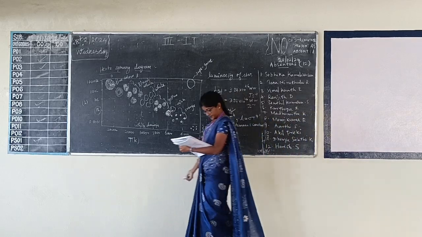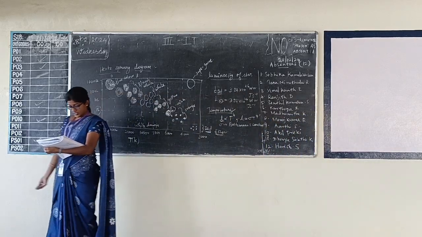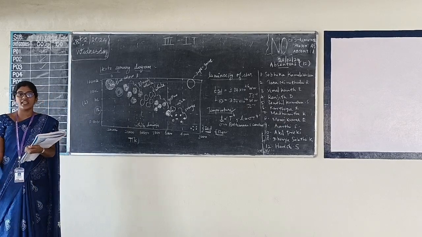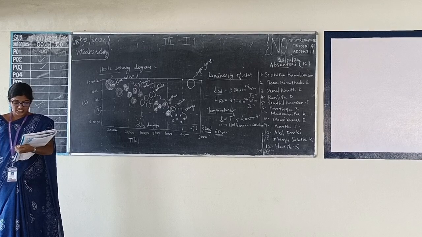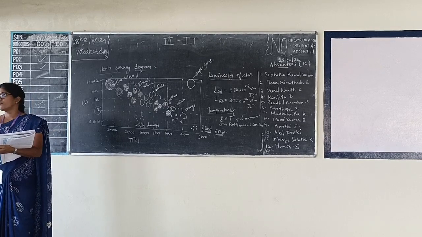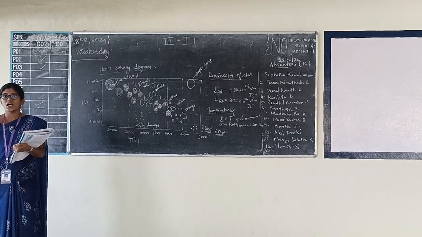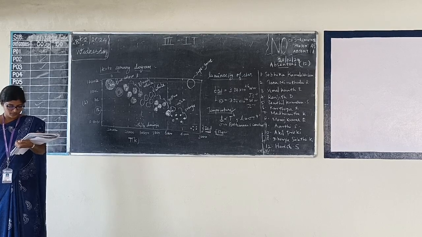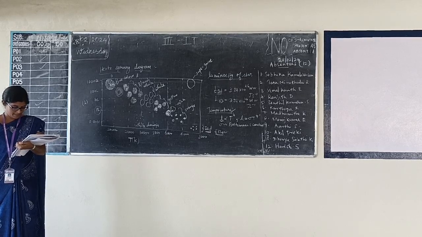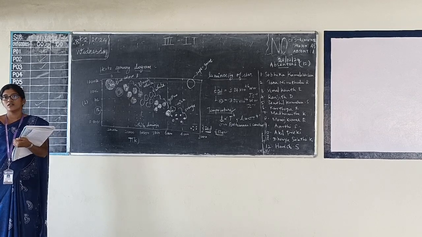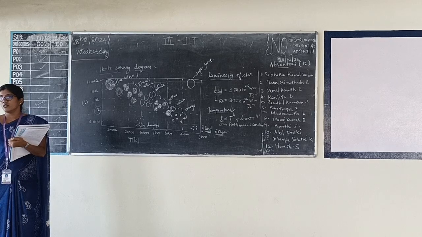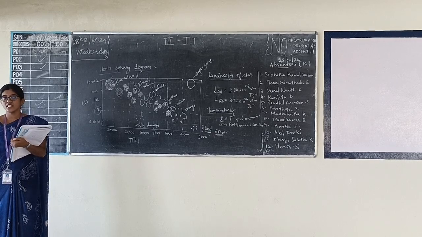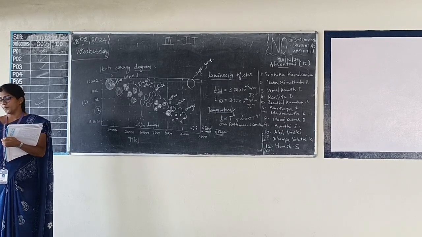The size: if two stars have the same effective temperature but one is larger than the other, it means the sizes of the two stars may vary.